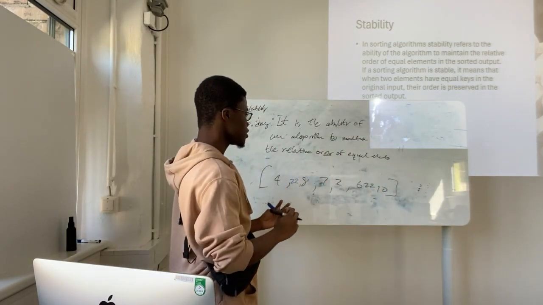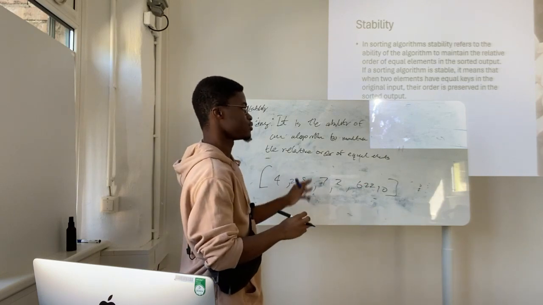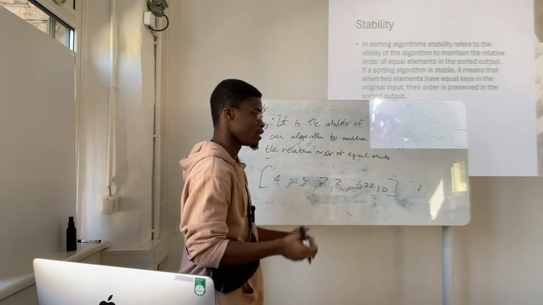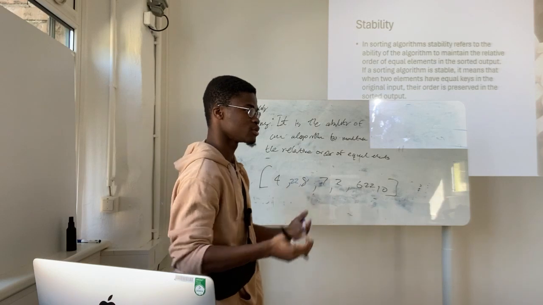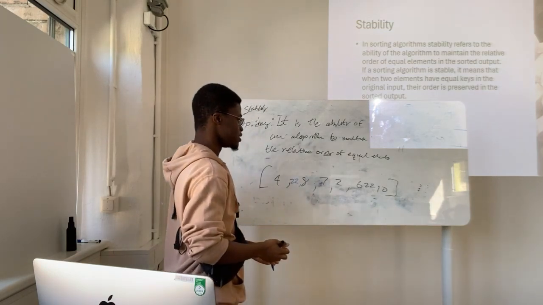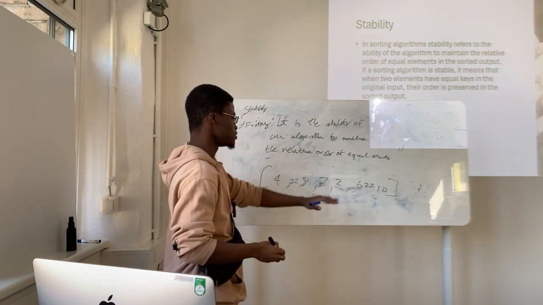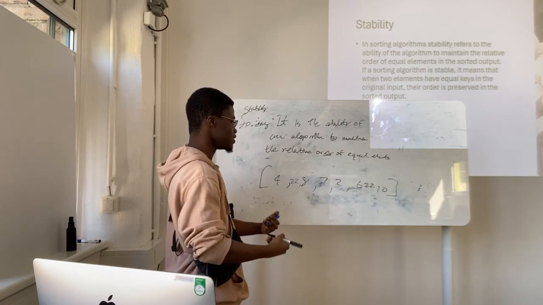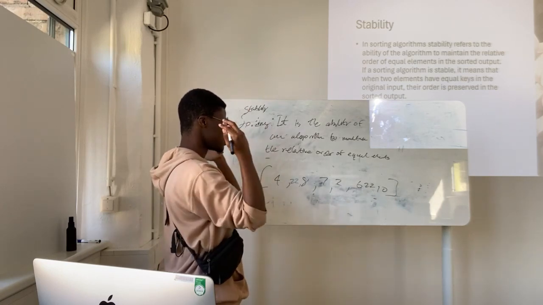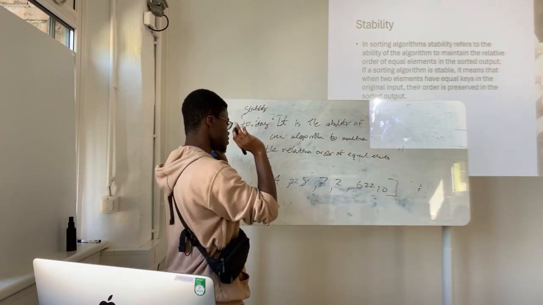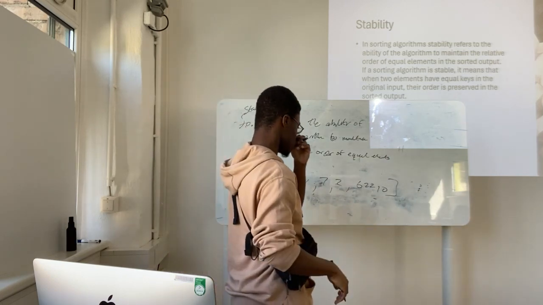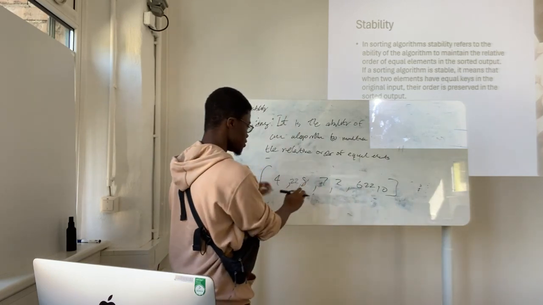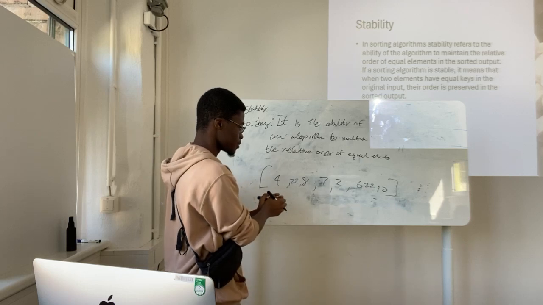So just imagine, we haven't gone into how exactly we can implement a sorting algorithm yet, but assume we have some sorting algorithm, right? And we tell the sorting algorithm to sort this data in ascending order. So all the elements that are smaller go to the left and larger to the right end of this array, this list that we have here, okay?